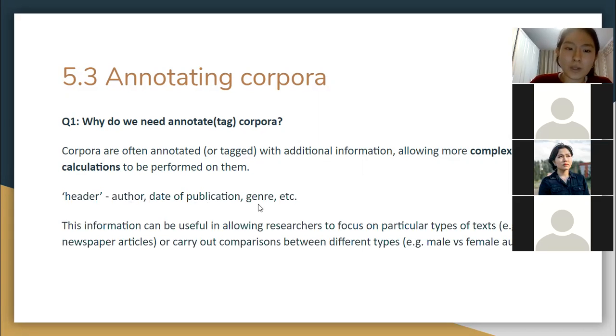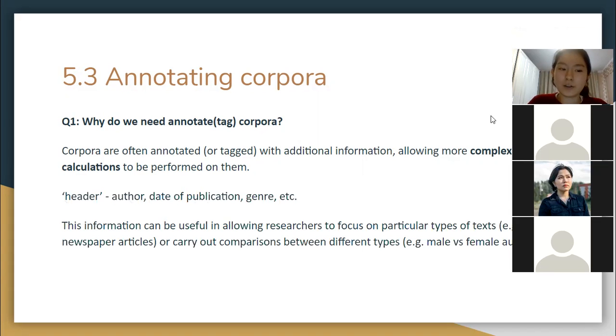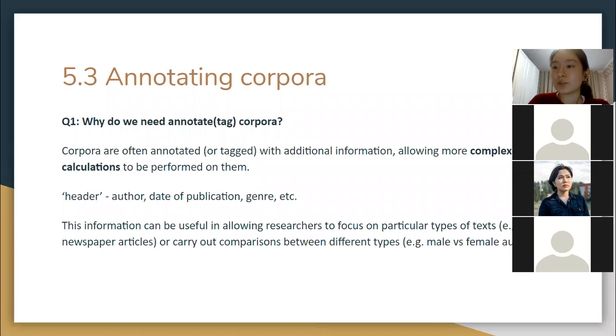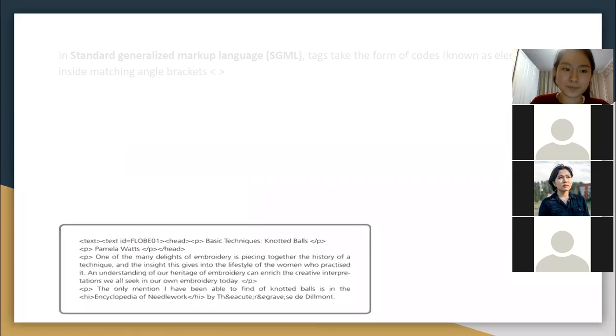So when the corpora has this header, other researchers, or maybe you later, can find the particular type of text that you need by only typing it into the computer software, so you will find it more quickly, and again your work will be more effective and efficient.